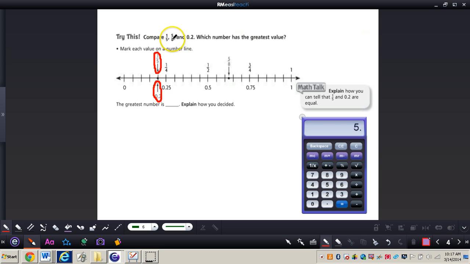Now I can see that 5/8 goes all the way down here, pretty much between the 1/2 and 3/4 mark.